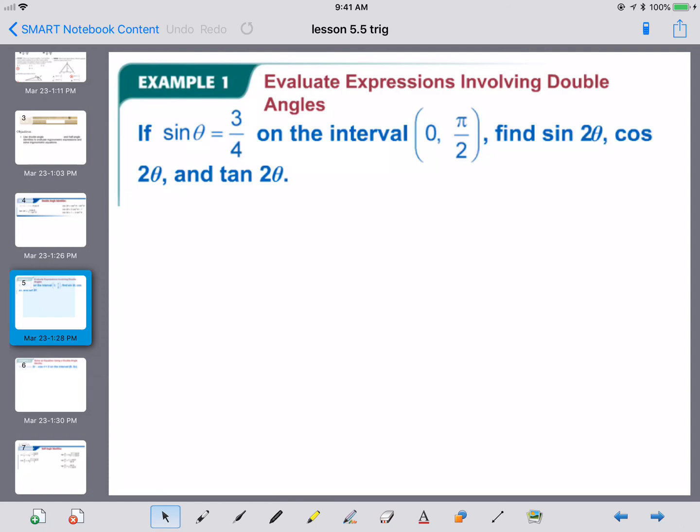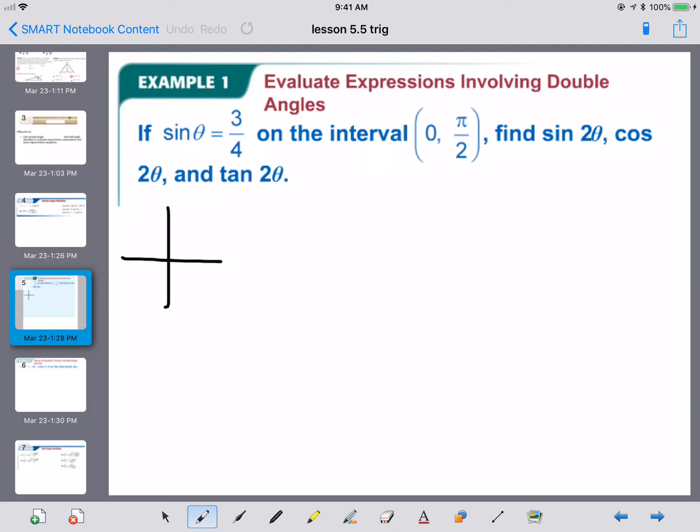So here's an example of the first application of our sine double angle, cosine double angle, and tangent double angle formulas. All that they have given us is that the sine is 3/4, and it's on the interval from 0 to pi over 2. That just means it's in the first quadrant, okay? The reason you want to know that is because if it's in the first quadrant, we can draw a little picture.